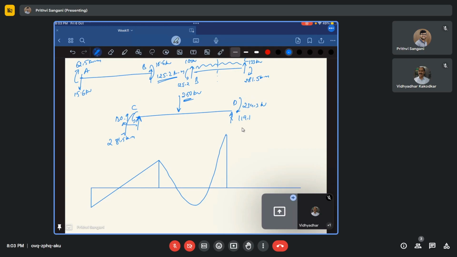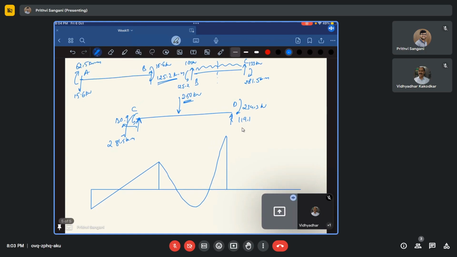It is going to be at the top. So if it is going to be at the top, fine. So if it is going to be at the top, then yeah. So it is 231.